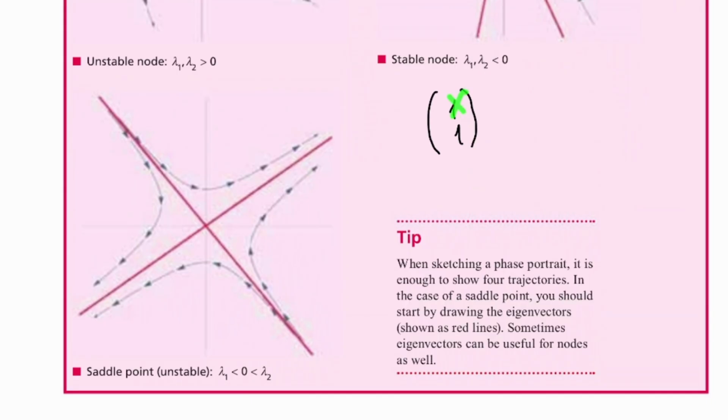This is the line x equals y, right? The first one is x, the second is y, so x equals y is this line. So you should sketch this line, then the other one, x equals minus y. Then these are the points, these are the trajectories.